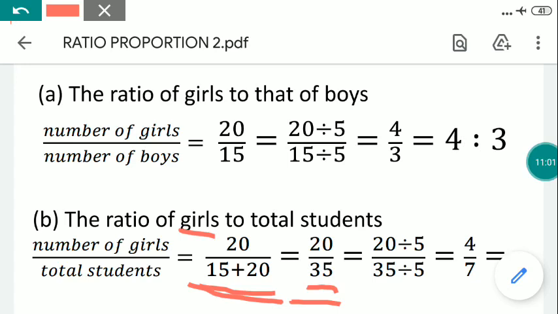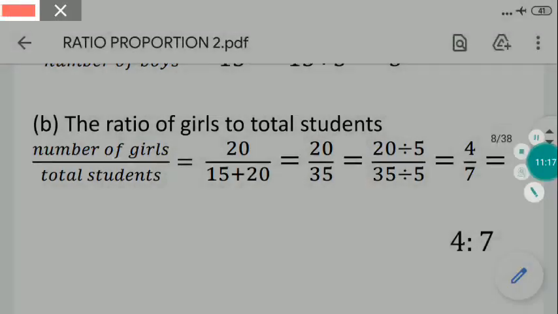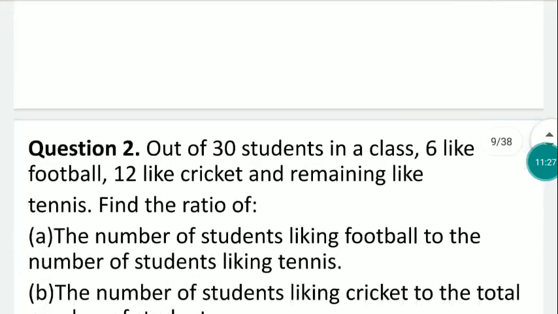So divide numerator and denominator by the highest common factor of 20 and 35, that is 5. So 20 divided by 5 upon 35 divided by 5, which is equal to 4 by 7. And in terms of ratio it is written as 4:7. So the ratio of girls to that of total students is 4:7.